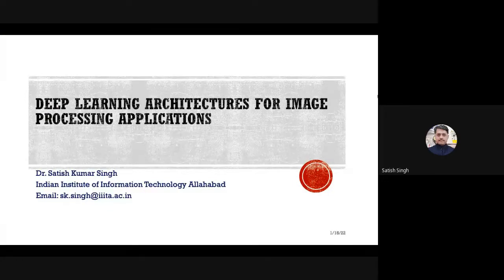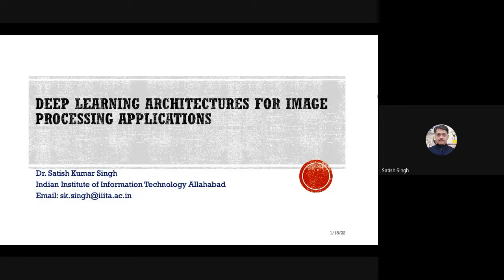As the theme of the faculty development program is machine learning and applications in image processing, I'm going to talk a little bit more specifically, and I have chosen the topic of the day: deep learning architectures for image processing applications.